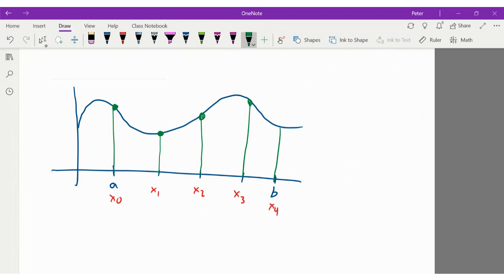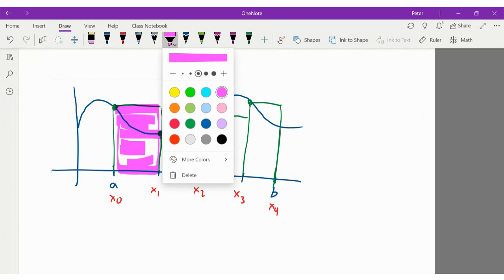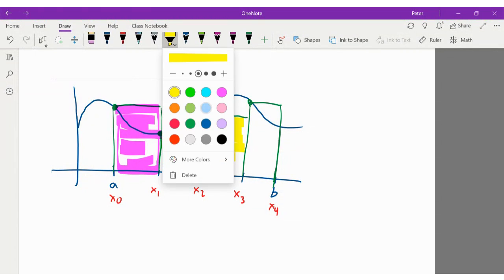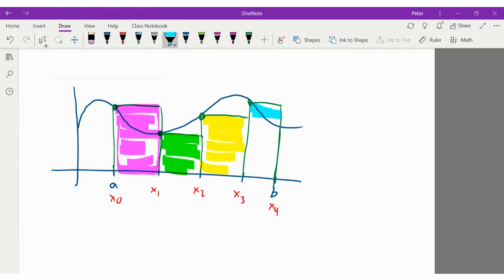But here, if I draw the endpoints like that, then what I get instead are these rectangles. There we go.